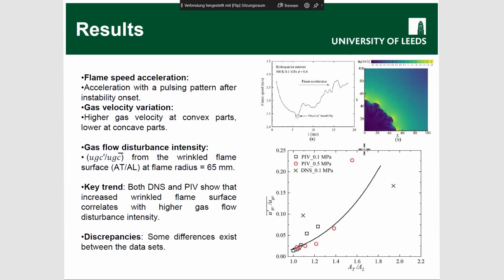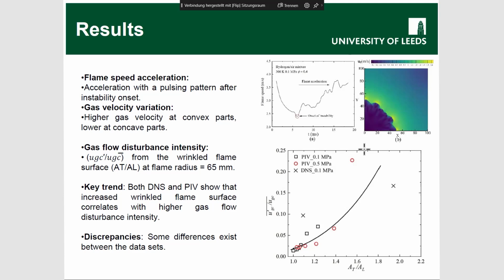We plot the flame wrinkle surface area against this gas flow disturbance intensity at the flame radius of 65 millimeters in the lower figure. So we can find a similar trend between the two.